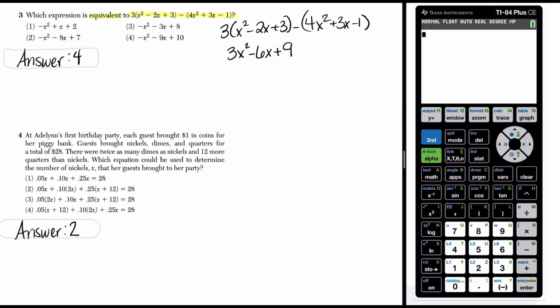Actually, there are 2 ways I can see this happening. I could distribute the negative, so I have minus 4x squared minus 3x plus 1. You can leave this linearly and keep it all together, or you can stack, whichever one you want. Because I think most kids think from left to right, I'm going to combine my like terms here, identifying them and putting them next to each other.